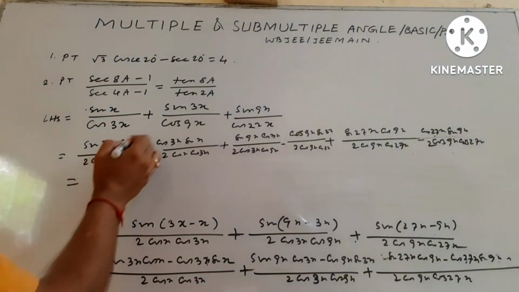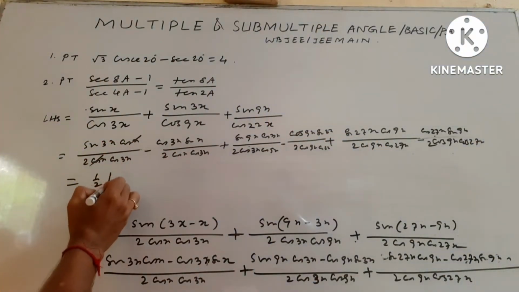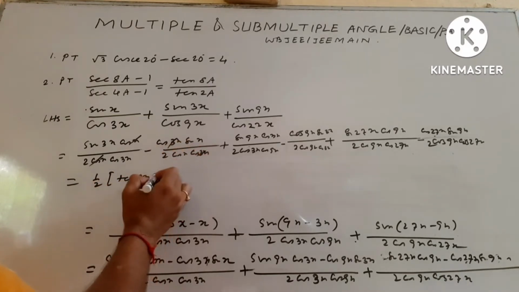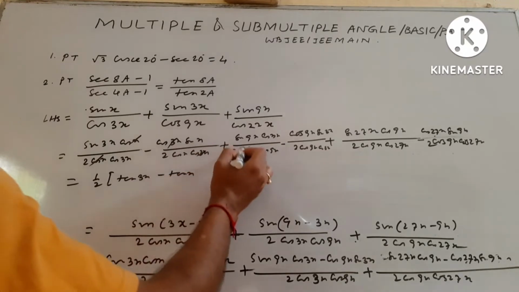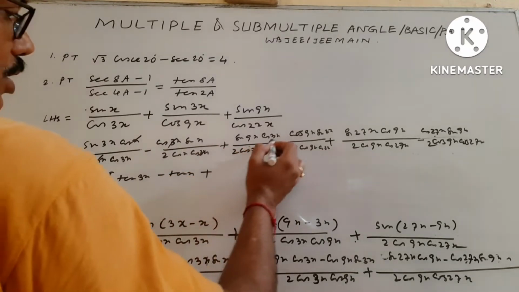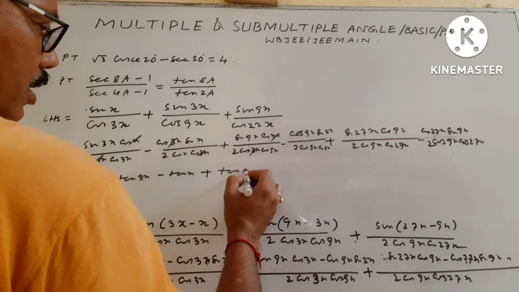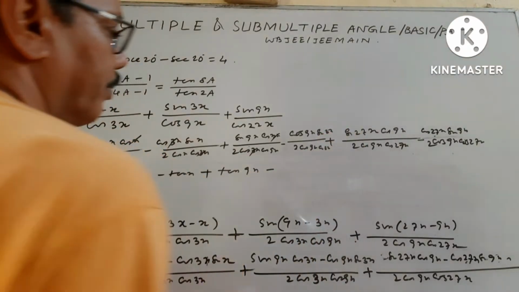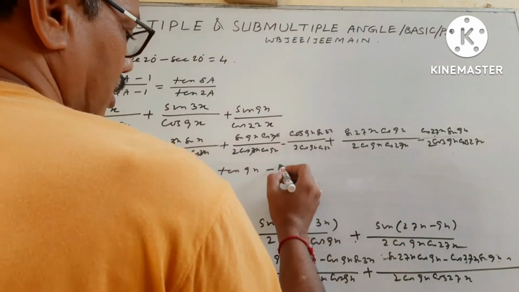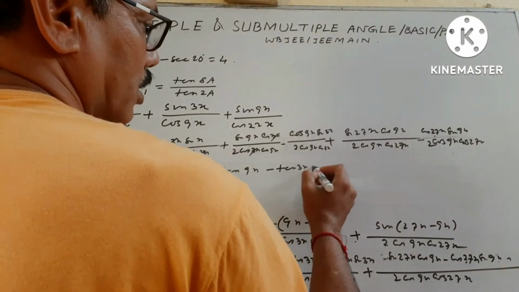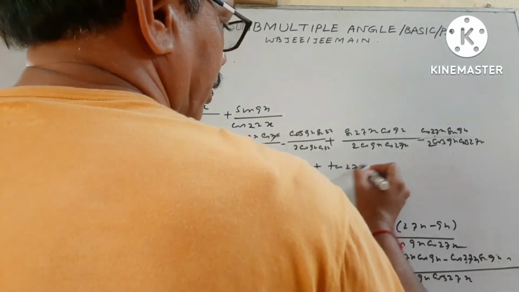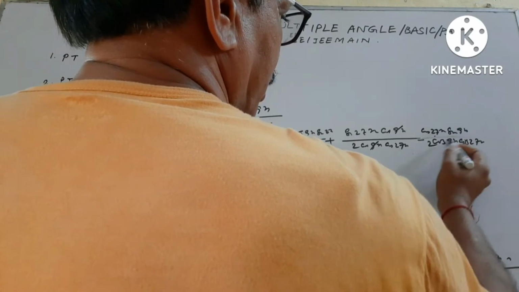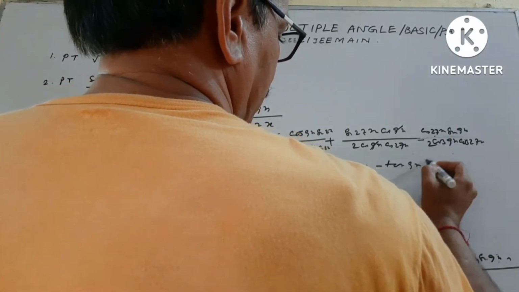So look, cos x cancels. Half of this is tan 3x, half of tan x, half is common. This is tan 9x, this is tan 3x, tan 27x minus tan 9x.